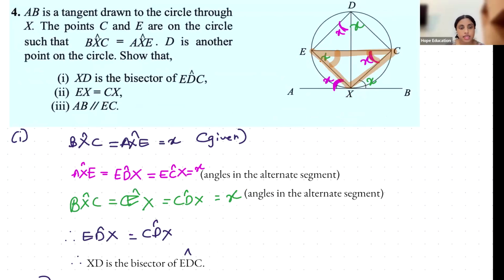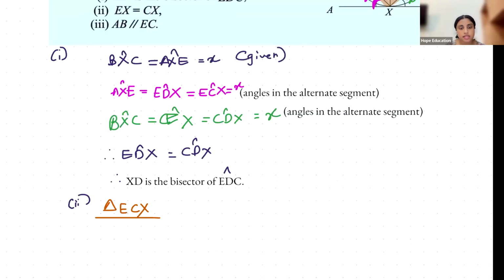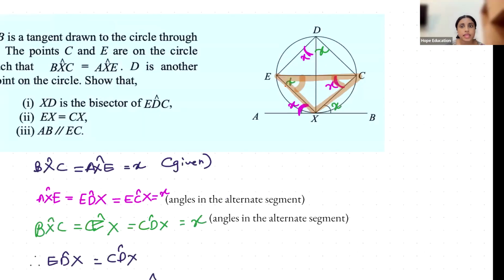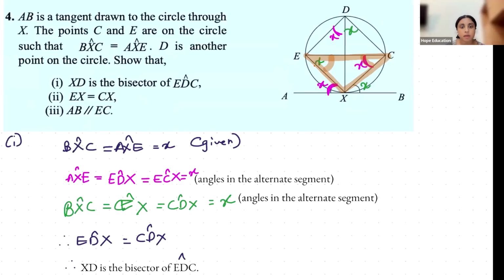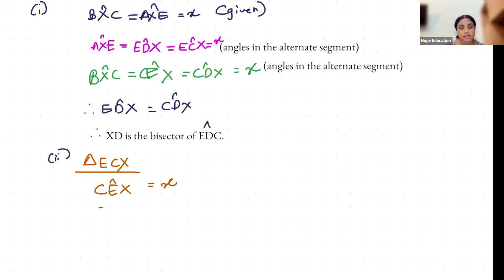So I will write it. CEX is equal to X. And ECX is also equal to X. I wrote that here too. You can write these two and write proven above.